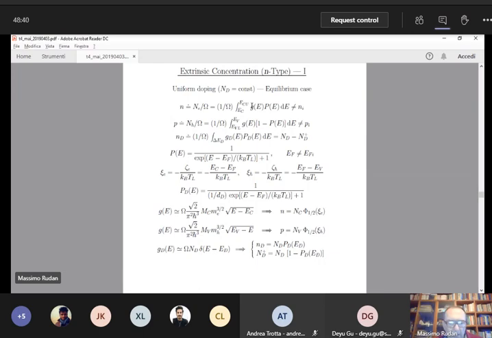Why is it so? The reason is that the first placements of the particles into the available states.